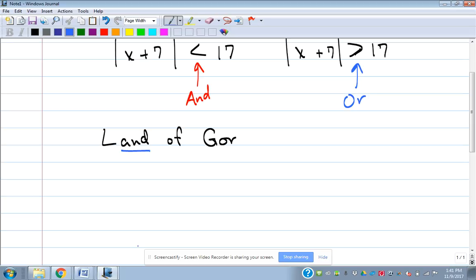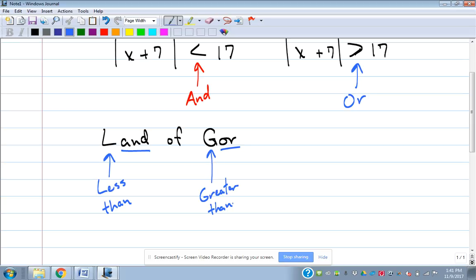Less than and land start with the same letters. And then the G for greater than. Less than is an and, greater than is an or.